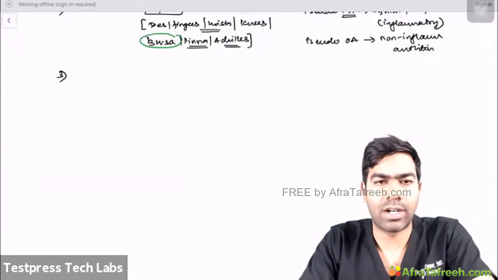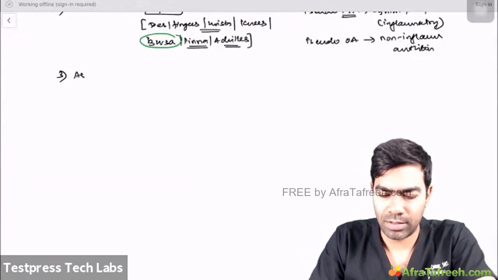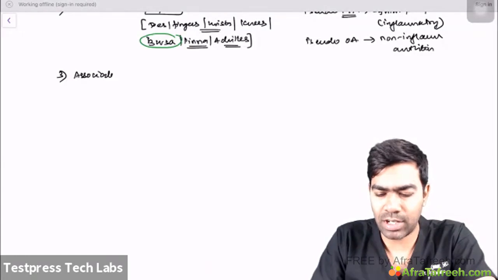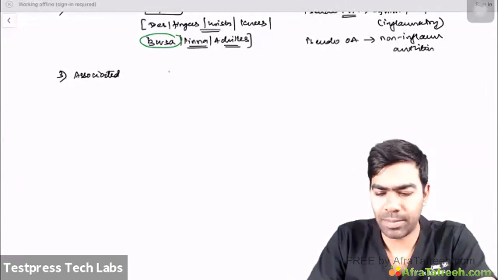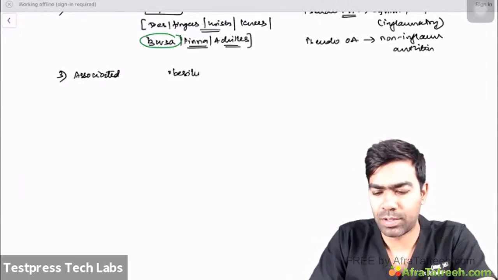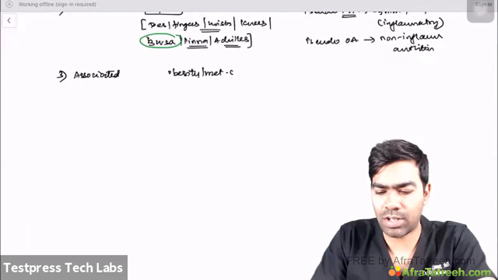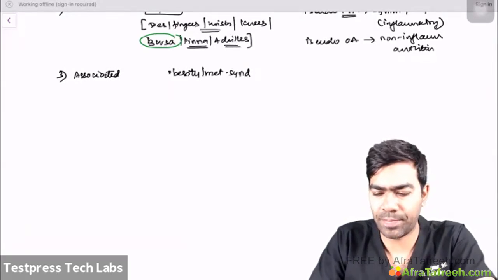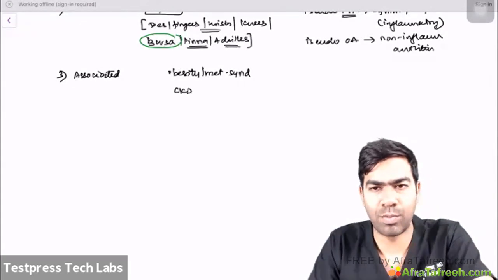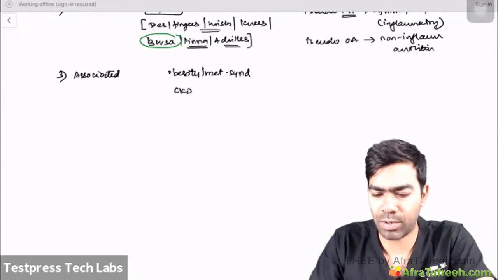Okay, what are the associated conditions with gouty arthritis? The most important will be obesity and metabolic syndrome, because obesity is a strong risk factor for developing hyperuricemia. Many chronic conditions like CKD, because of poor uric acid clearance, there could be hyperuricemia, and congestive cardiac failure.